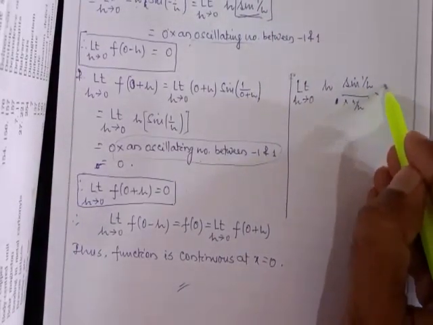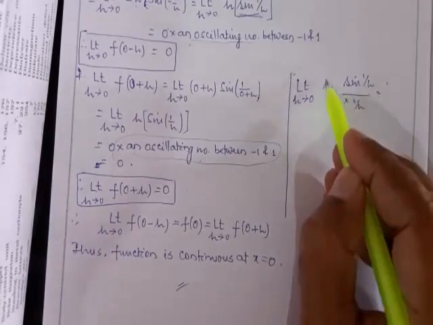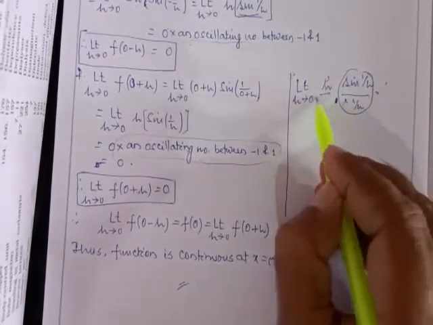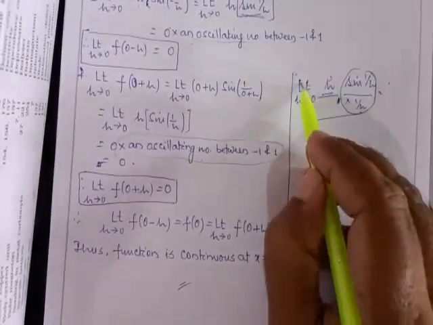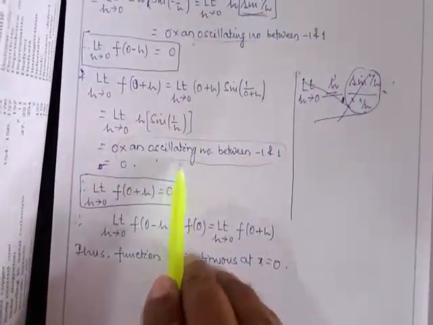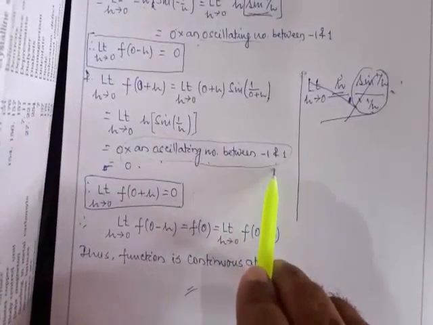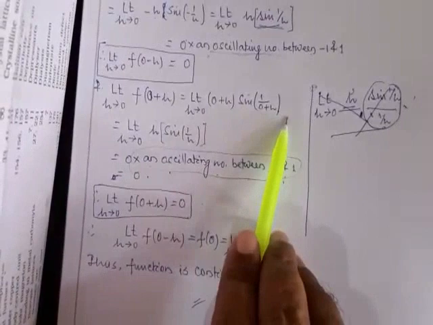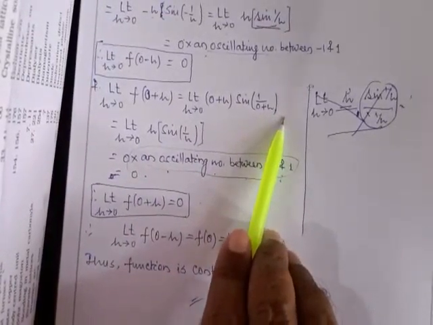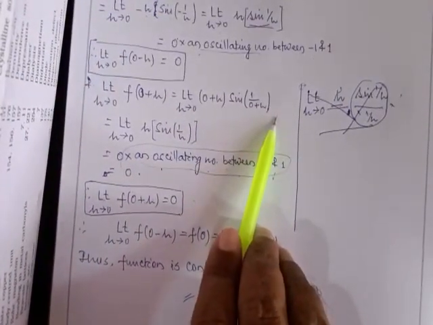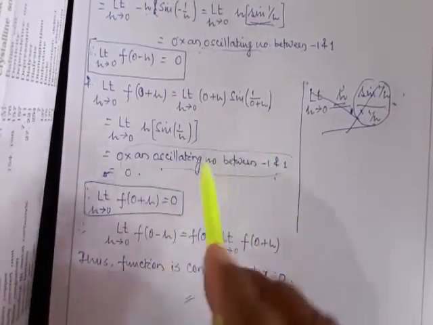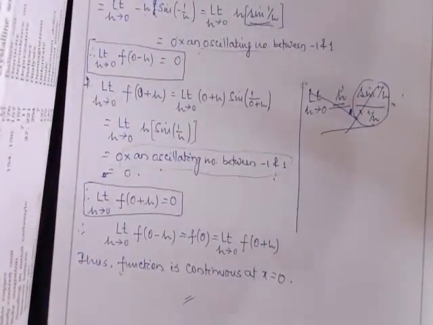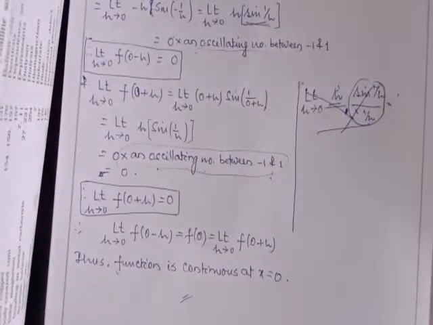So this becomes h square, and again this becomes 1 into 0, so this is 0. It is better to write oscillating number between minus 1 and 1 because the greatest value of sine theta is 1 and the smallest or minimum value of sine theta is minus 1, so we can proceed in this way. In next class we will see some more problems of the continuity.